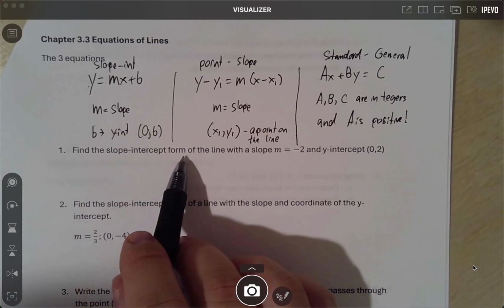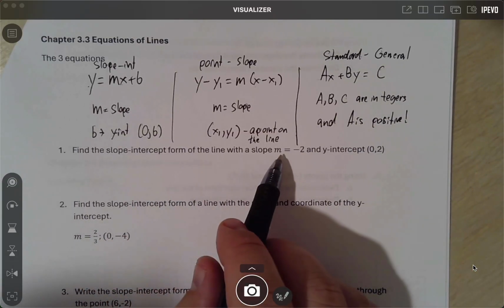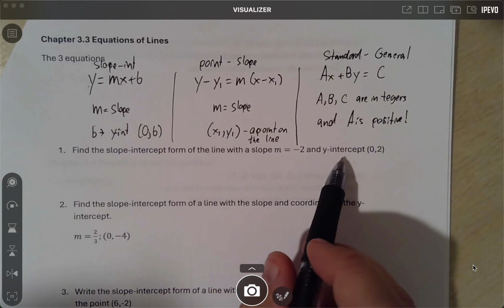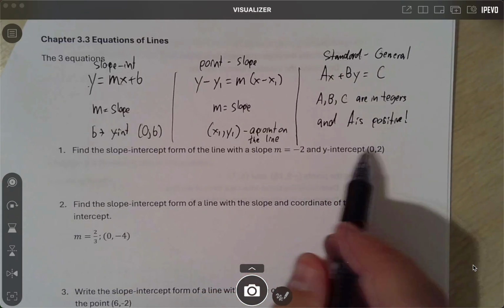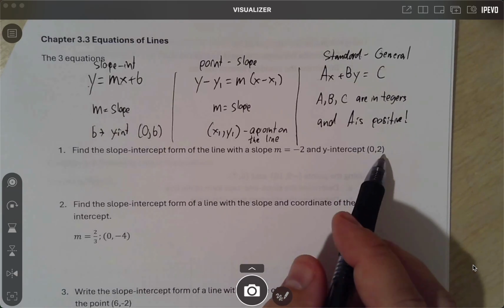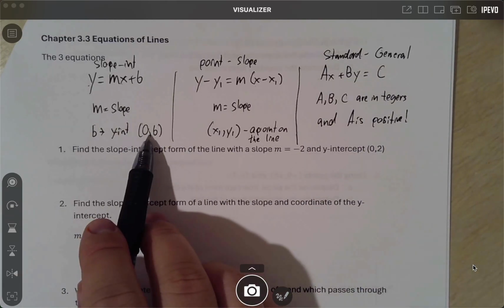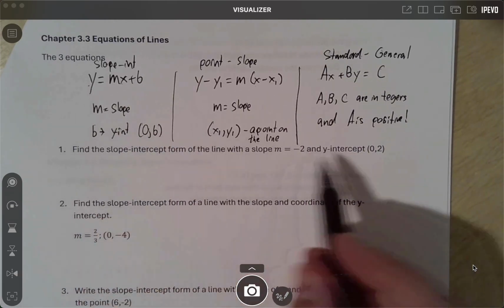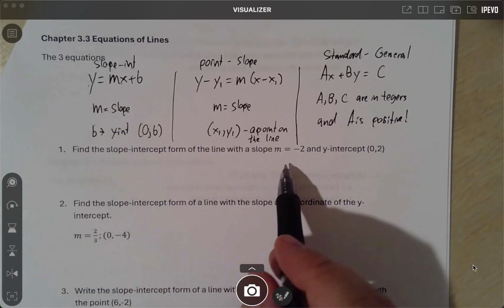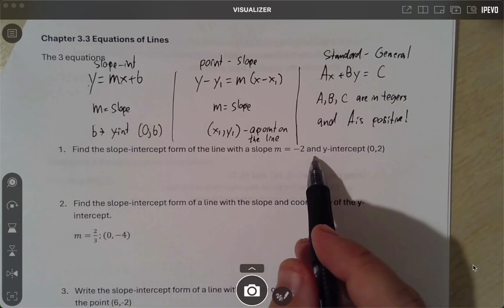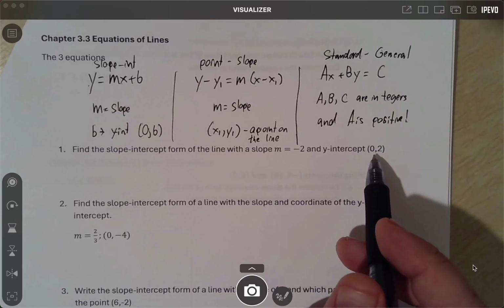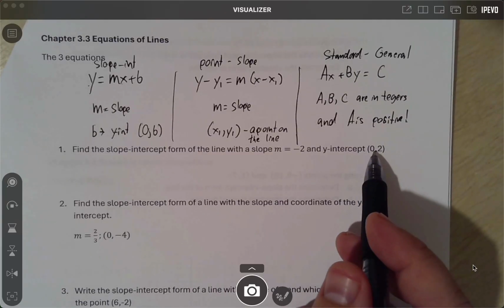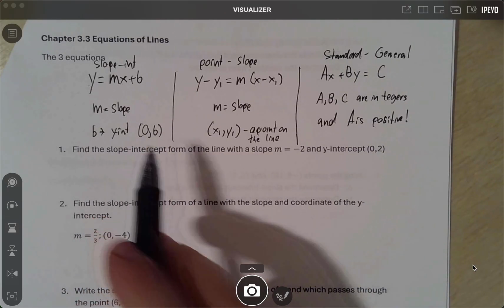Find the slope-intercept form when we have a slope of -2 and a y-intercept 0, 2. It's nice that they're specifically saying this is the y-intercept, but you should also understand that because, look, the y-intercept is going to be a 0, b. So even if they said slope-intercept with m equals -2 and the point 0, 2, you should know, or hopefully learn to know, that this is the y-intercept because the first coordinate was 0 anyways.